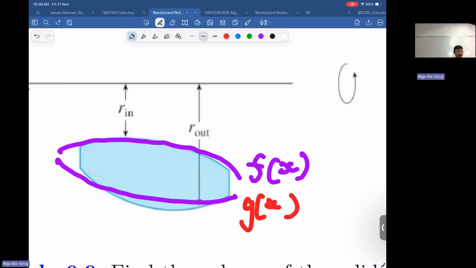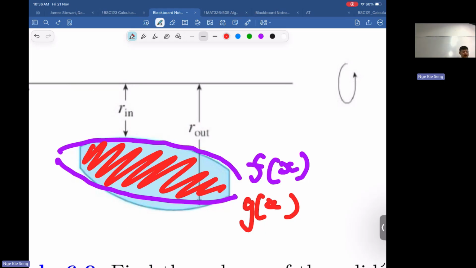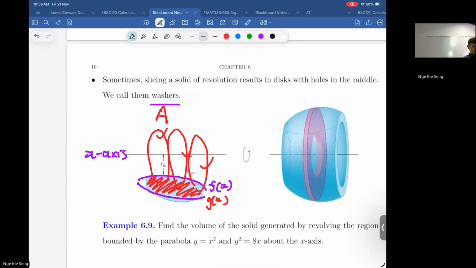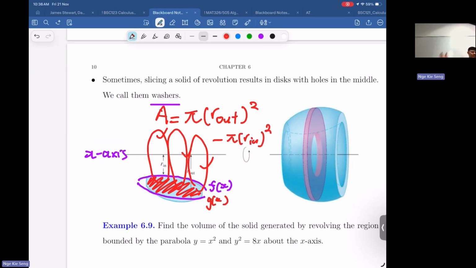Well, I guess the area, you should know what happens, right? How do we compute the area given by this region here? If you look at the revolution of this area, it should be pi r out squared minus pi r in squared. And then you put back the integration sign later.